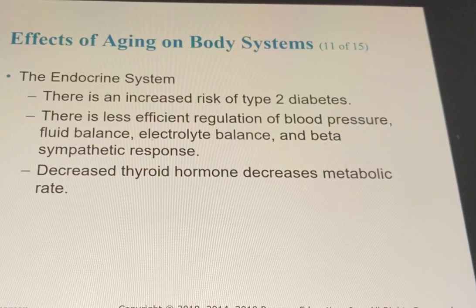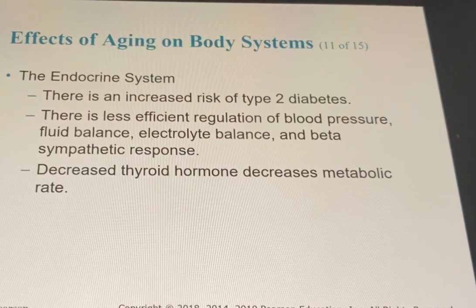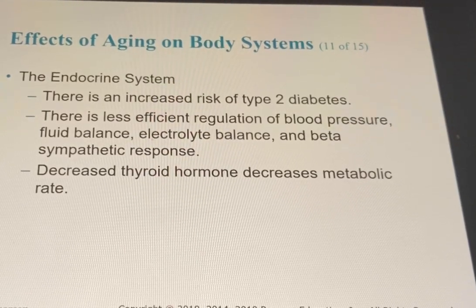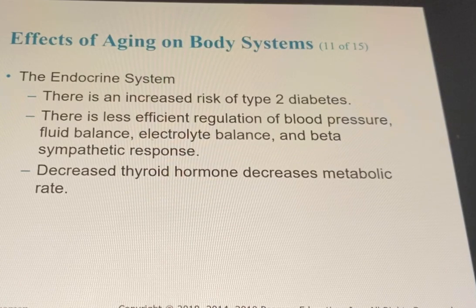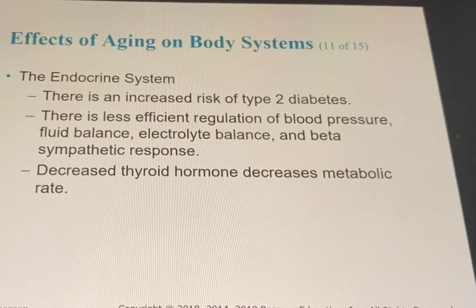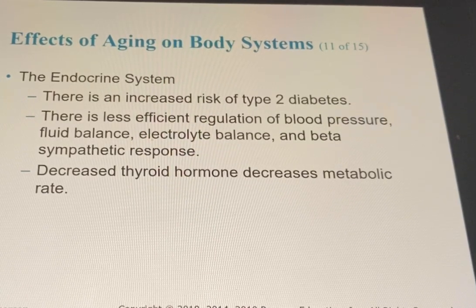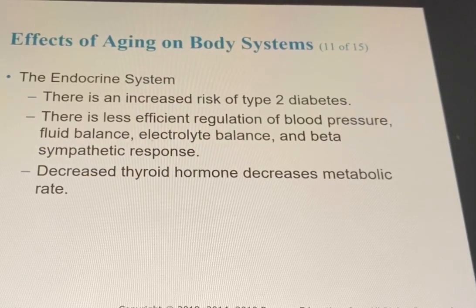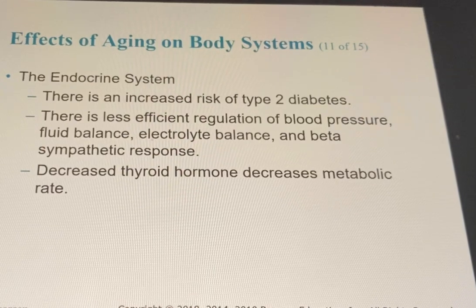An increase in the level of hormones can increase blood pressure, and this is your endocrine system. This is specifically talking about thyroid hormones and insulin. You have vasopressor hormones such as epinephrine and vasopressin, which contribute to the development of hypertension, which is high blood pressure.